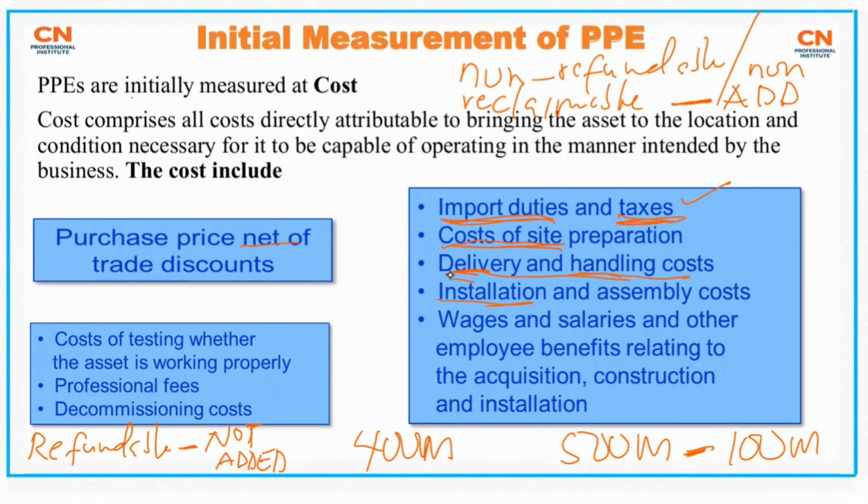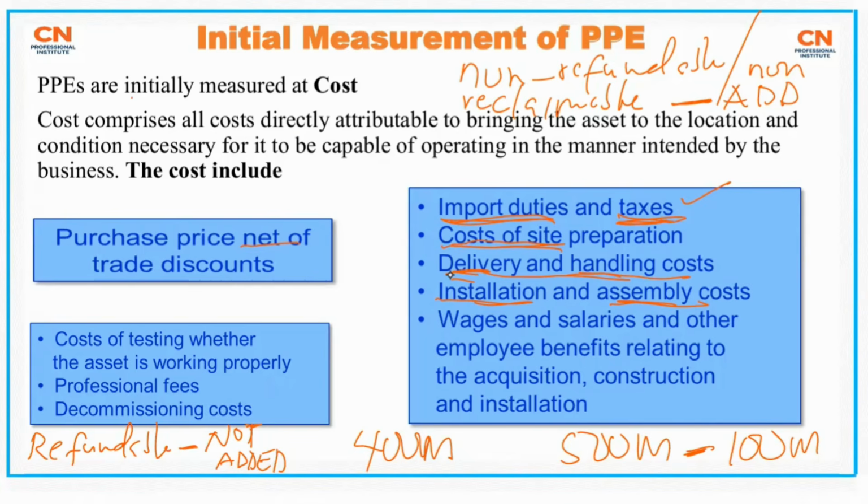Then installation and assembling cost. You have to get engineers to come and install it, fix this, fix that, before, let's say, the plant can start working. So all installation and assembling cost. Maybe when you purchased it, it was in different parts, so you have to get engineers to assemble them. It's also added.